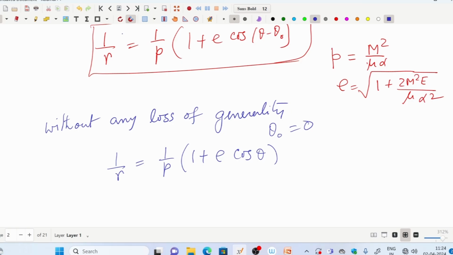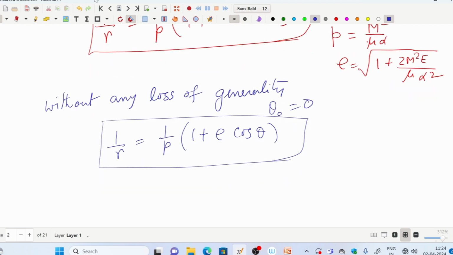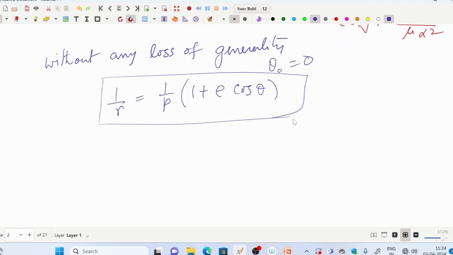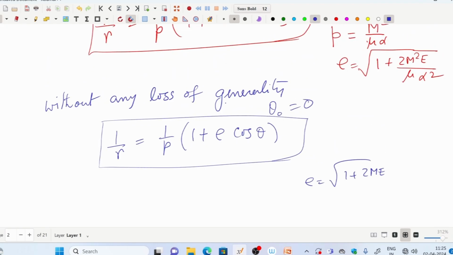So this is the equation we will consider, and we will see for various cases how this gives the trajectory of the particle, and we will match this with our qualitative analysis from the behavior of the effective potential.